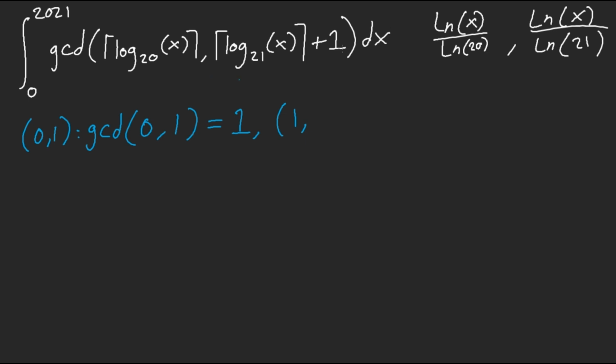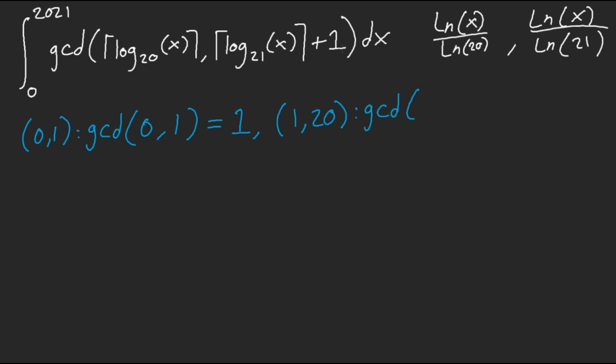So, of course, seems like we can plug in 20, right? Because if we let x equal 20, that's going to be an integer, right? So 20 is going to be my next interval, my upper bound. So from 1 to 20, it seems that we have the GCD.